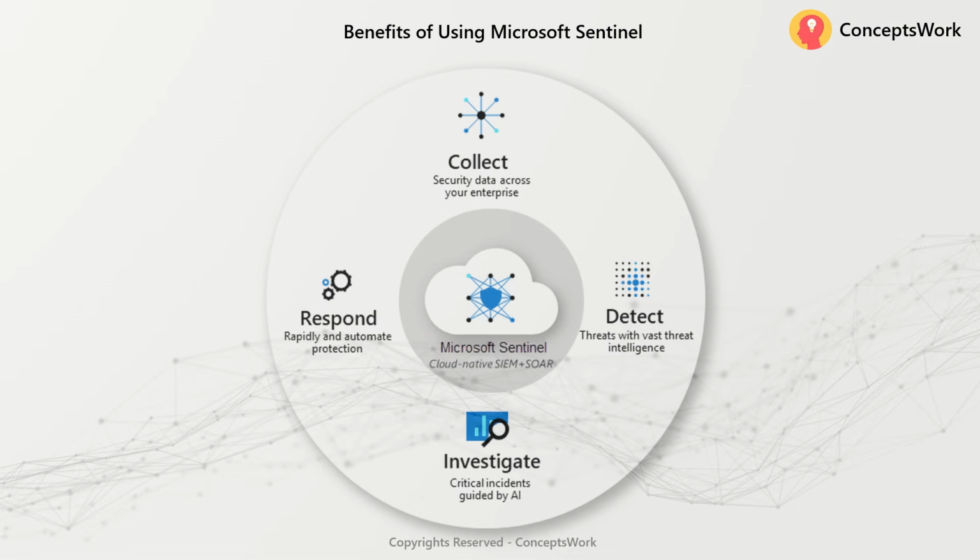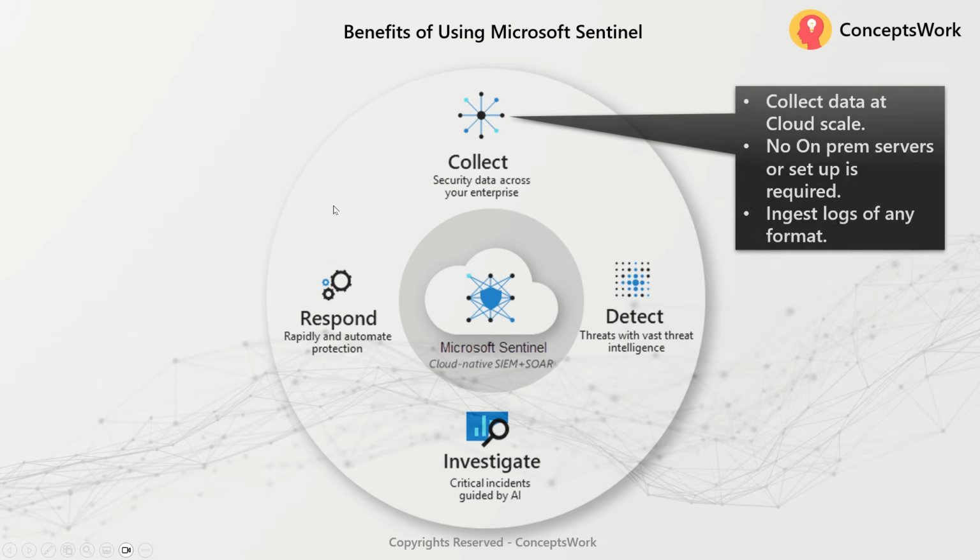Now, when you start reading the documentation of Microsoft Sentinel, this is a very common image that is available on learn.microsoft.com. It depicts the purpose of Microsoft Sentinel, where everything starts with data collection itself. Here it clearly highlights security data across your enterprise.